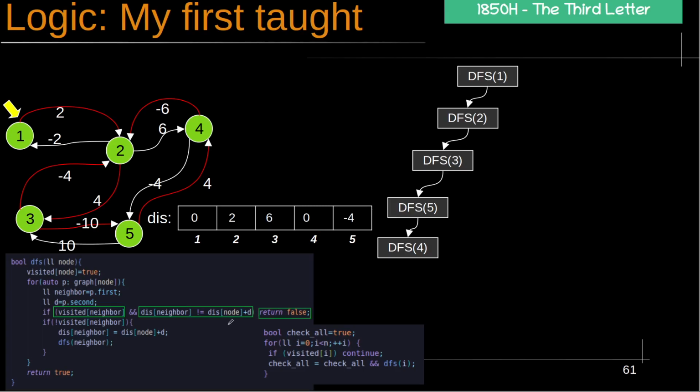So we didn't find the same distance here from 1 to 2. There's another path with a different distance, so we return false.